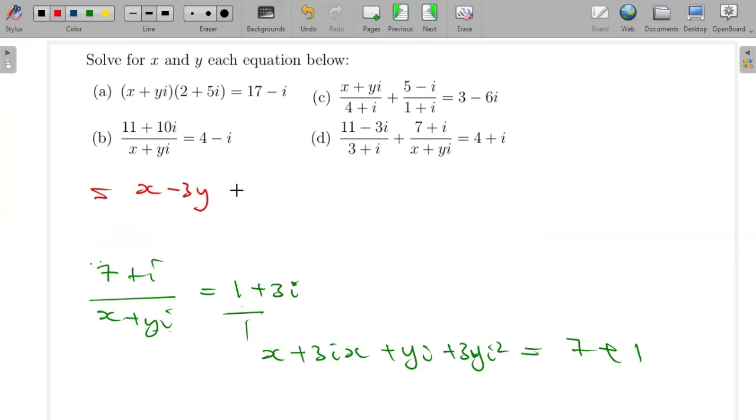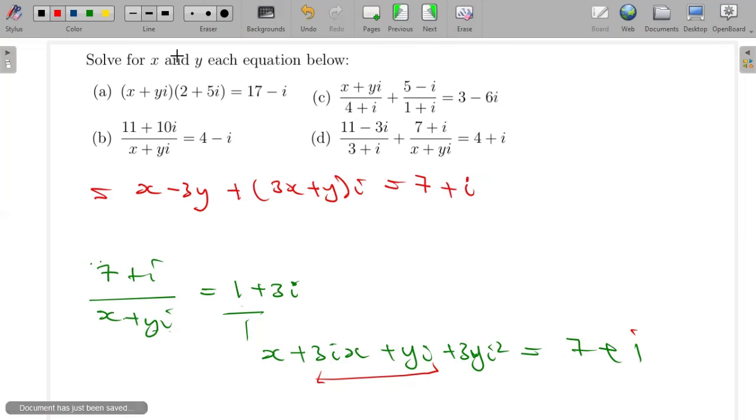I group it like that, and then I group the part with the imaginary part, which has that i, that will be plus 3x plus y, and then the i is equal to 7 plus i.